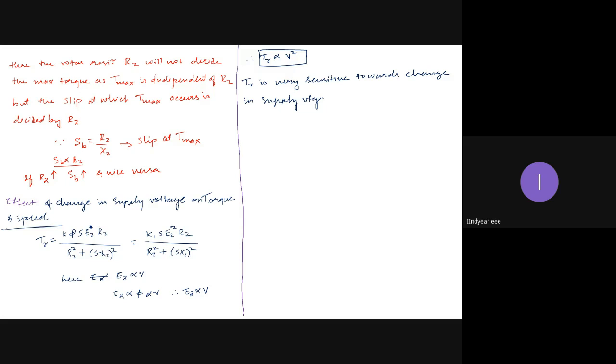Therefore, if supply voltage varies, the torque varies square times.